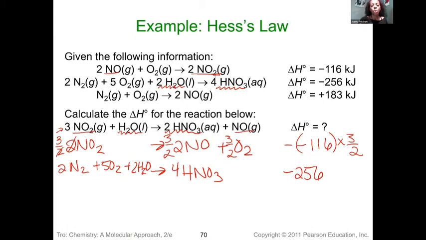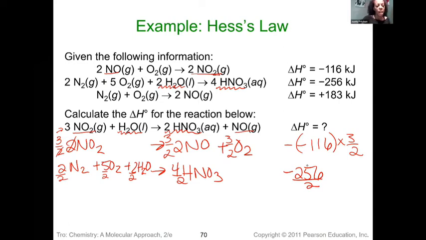I have 2 and 4 in the given, and I only need 1 or 2 respectively. So I need to divide both of these numbers by 2. So if we divide that by 2, again, remember you have to divide every single coefficient by 2, as well as divide the enthalpy value by 2.